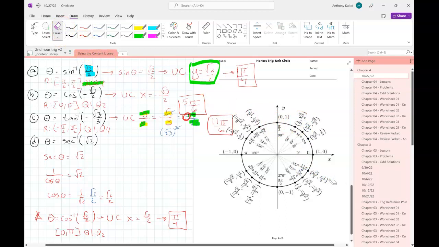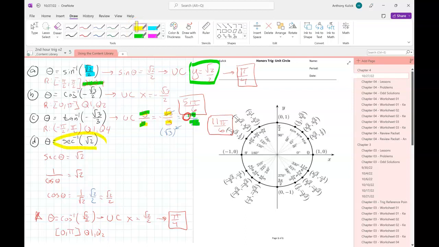I want to point out to you something here. If I look at this and I look at this, what did you notice? I swapped out secant inverse for the reciprocal inverse and then took the reciprocal of the inside, right?